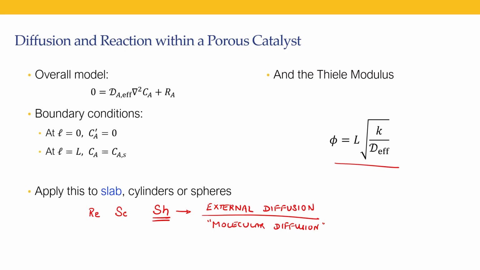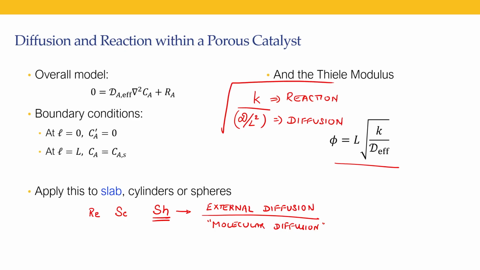Thiele modulus is a ratio of L squared k, or rather, sorry, k is the reaction, so it's a ratio of the reaction term divided by the diffusion term. So how fast is the reaction divided by how fast is diffusion. And it is the square root of that.